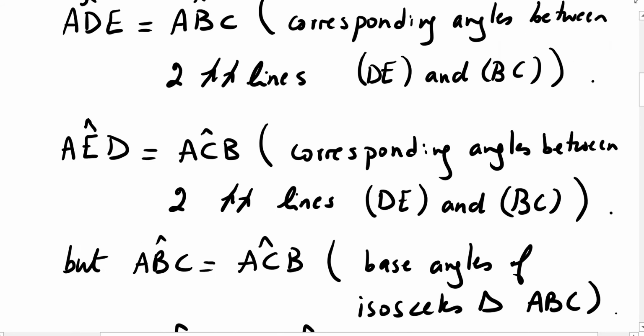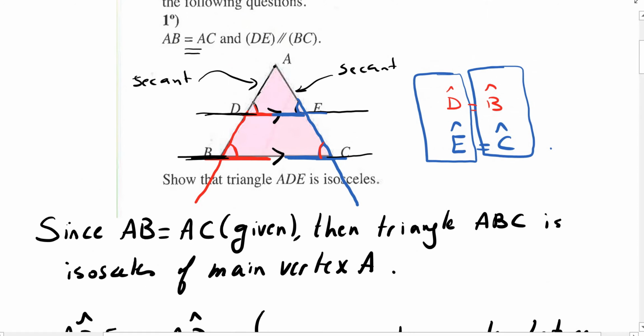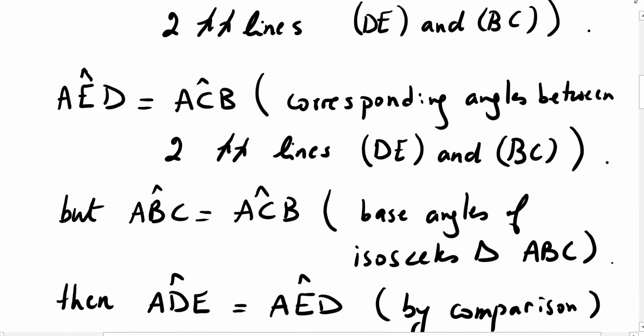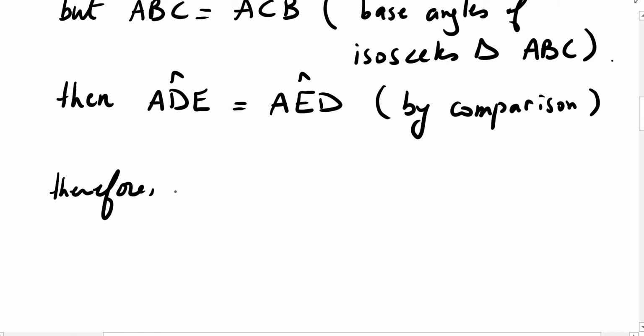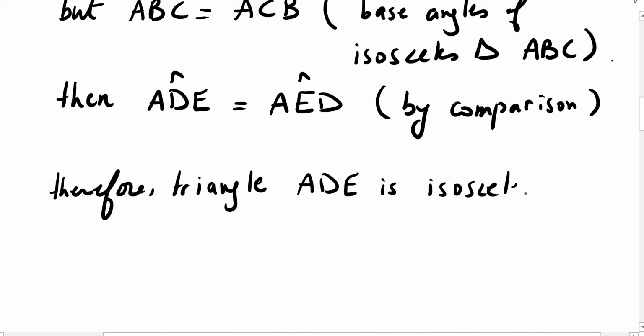Now, since these two angles D and E are equal, triangle ADE is isosceles of main vertex A. So therefore triangle ADE is isosceles of main vertex A.